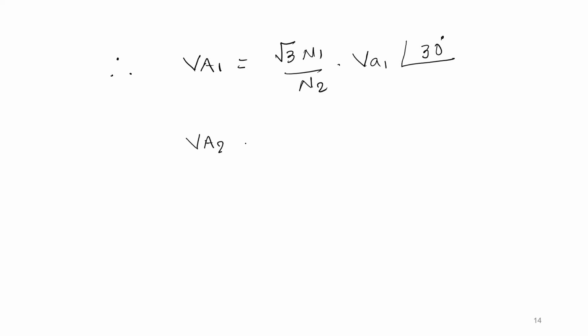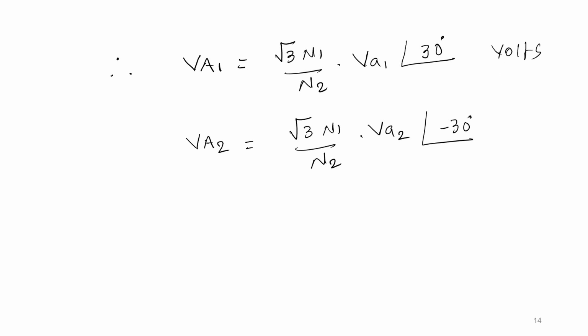Finally, we got the relation VA1, that is root 3 times N1 by N2 into the rated line voltage on the secondary side, that is LV side. The phase shift is 30 degrees with respect to the positive sequence. And with respect to the negative sequence, root 3 times N1 by N2 VA2 at an angle minus 30 degrees volts. So the unit is volts.